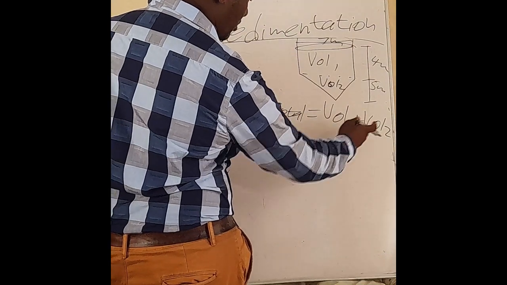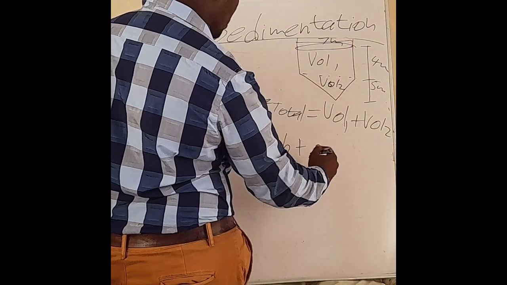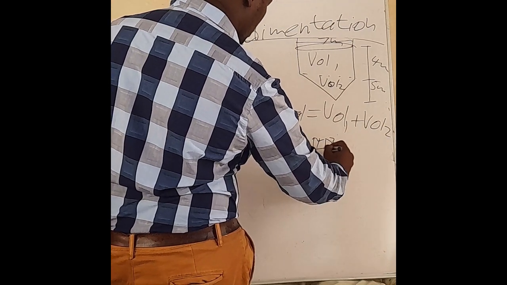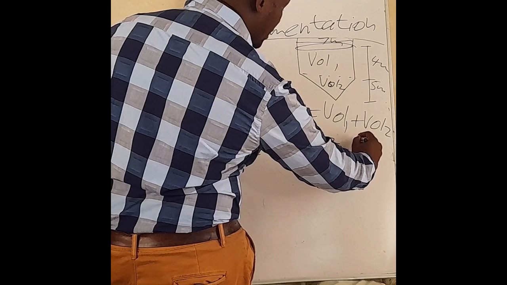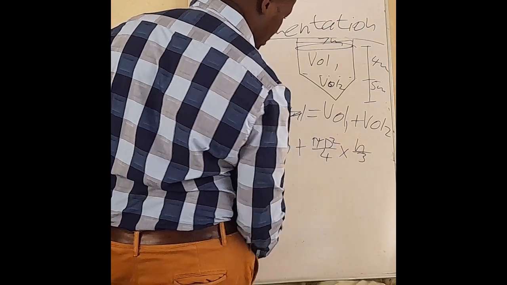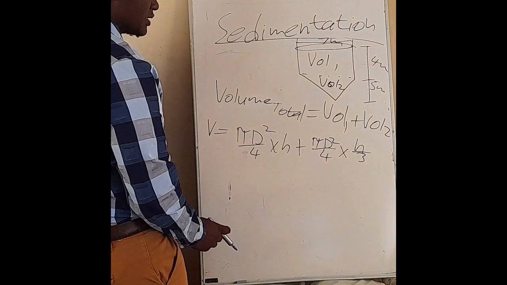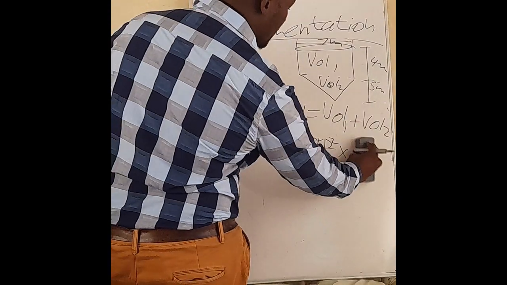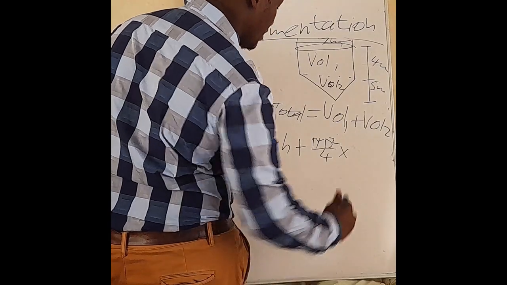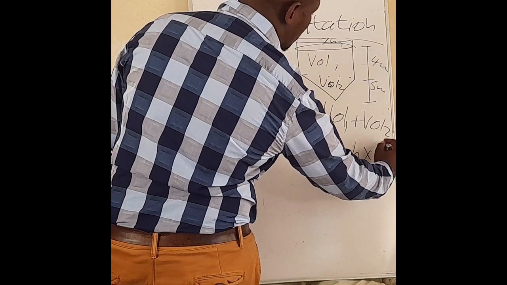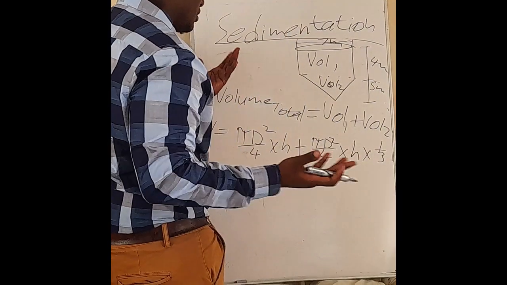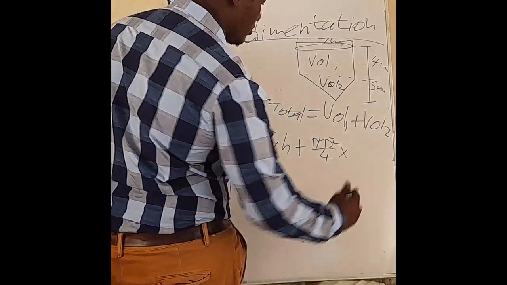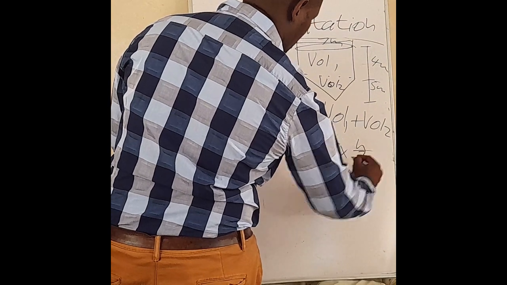And then we'll go to volume number 2, which is the conical part of it. Still the same. It will be pi d squared over 4 multiplied by height over 3. That's the only difference. I just like doing it that way. Some other people just prefer having the height then multiplying by 1 over 3. Either way it's still the same, but I just find it easier to say the height over 3.